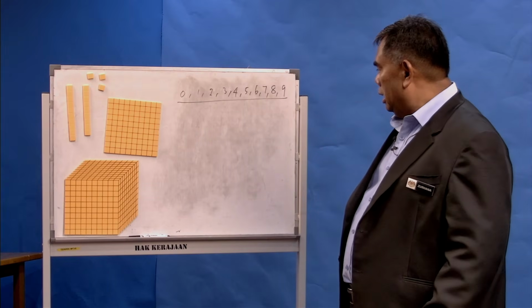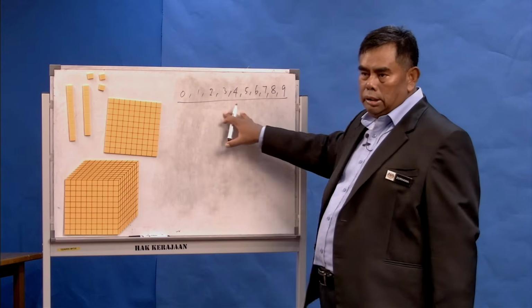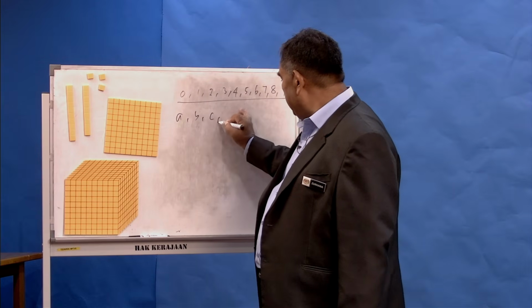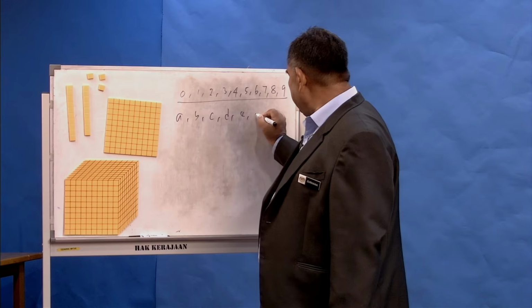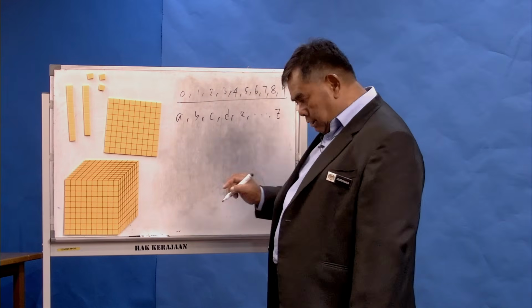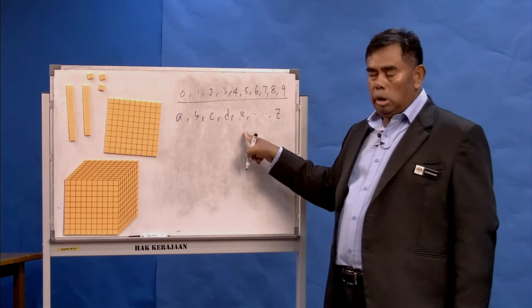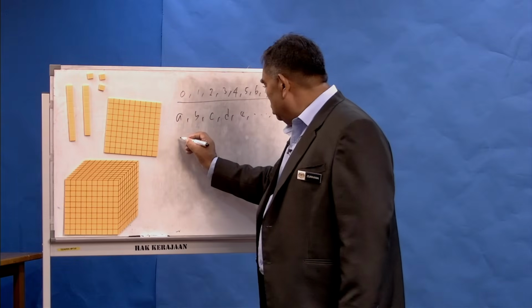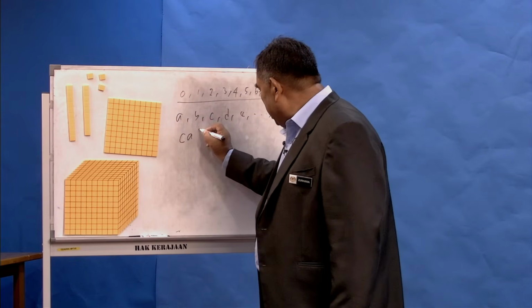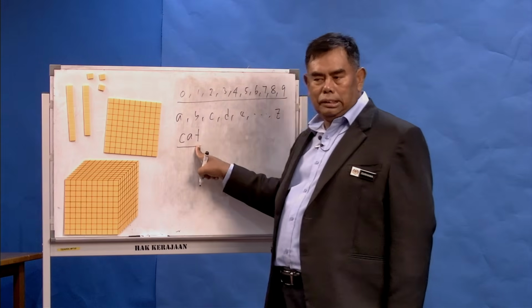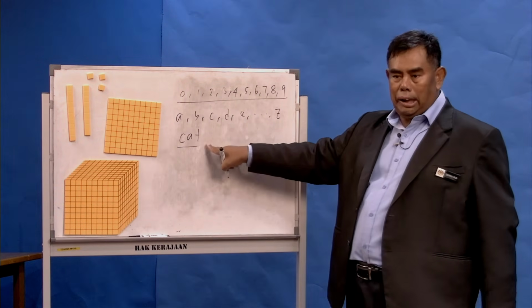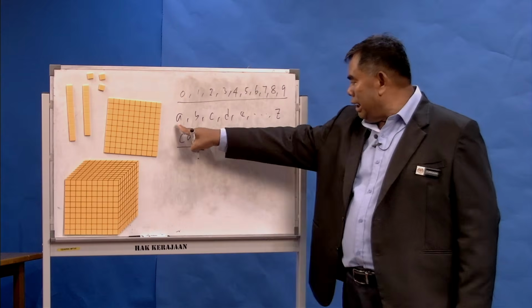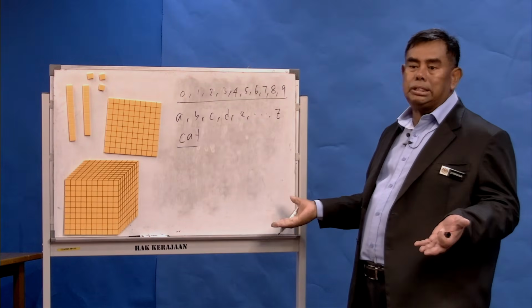As an analogy, we have the alphabet, like A, B, C, D, E, until Z. This is just a symbol without meaning. If I put C-A-T, cat, what is the meaning? The animal, the cat. If I just say A, B, C, D, it's nothing.